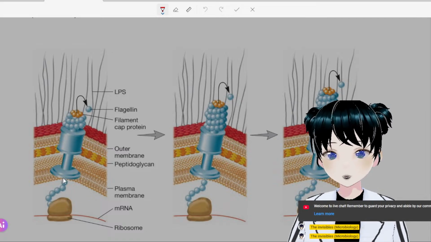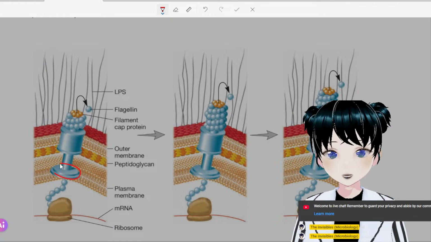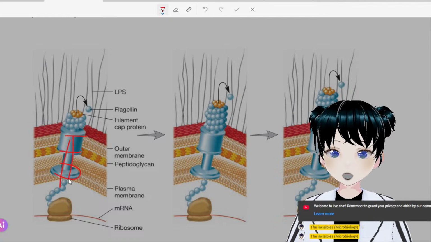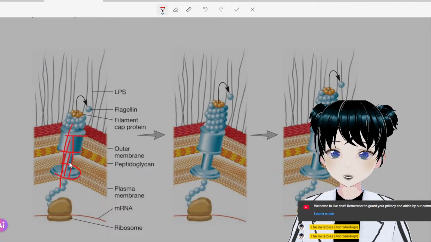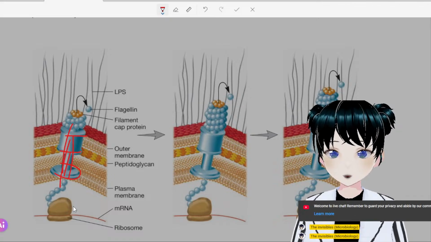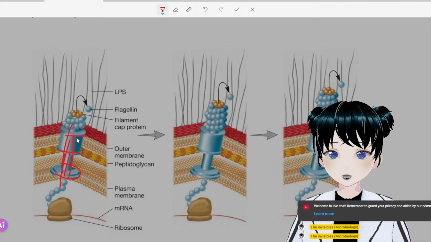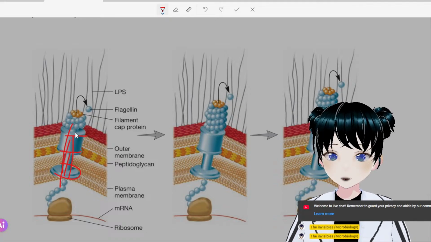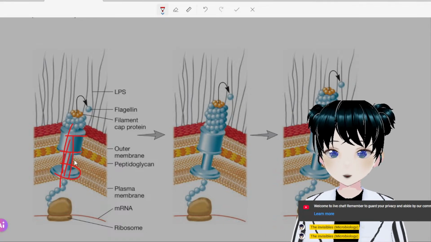So the mechanism is simple. The rod that was present in the ring structures of the flagella is actually hollow. It is empty from the inside. There is a ribosome, and messenger RNA comes with the information of the proteins needed to make the flagella.